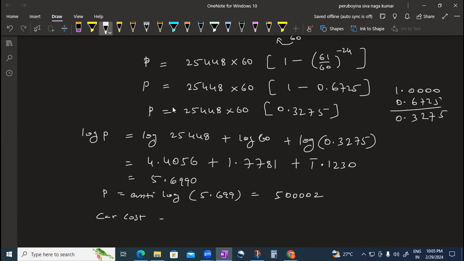So the loan amount is 5 lakhs 2 rupees, and the down payment is 1.5 lakh. Both added, it is 6 lakhs 50,000 2 rupees. That is the car cost totally: 6,50,002 rupees. This is the cost of the car.